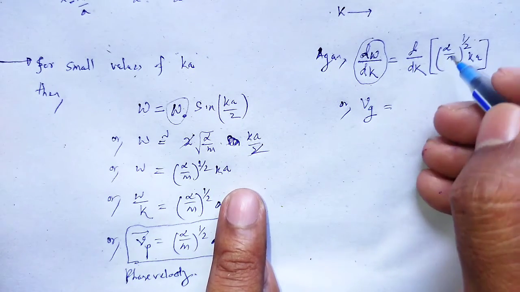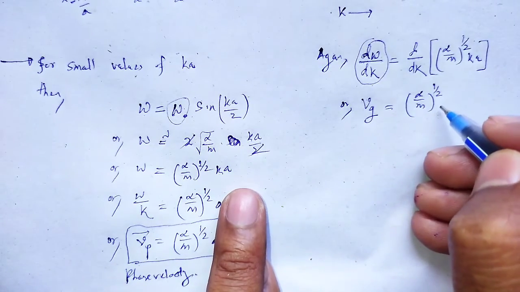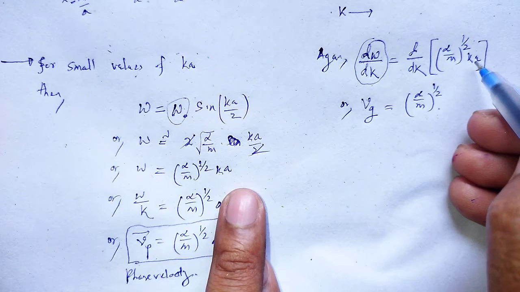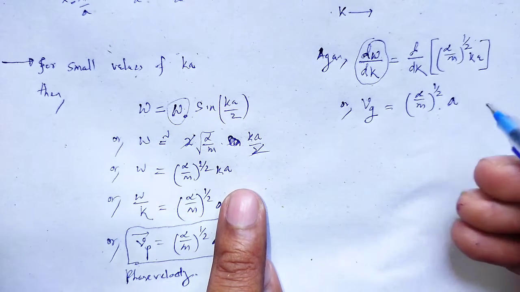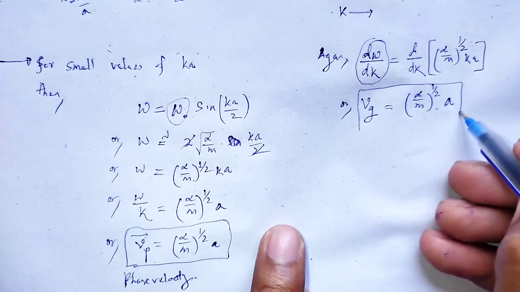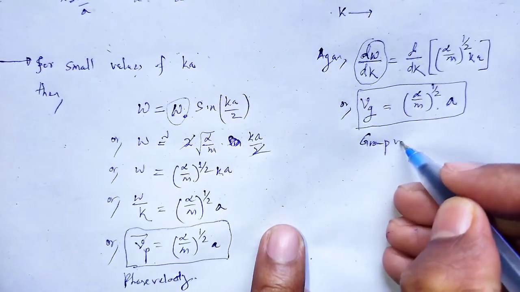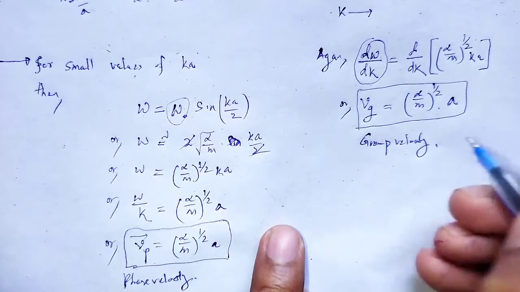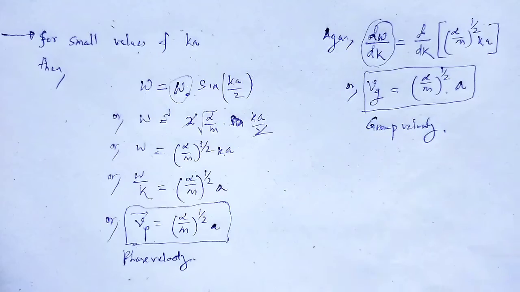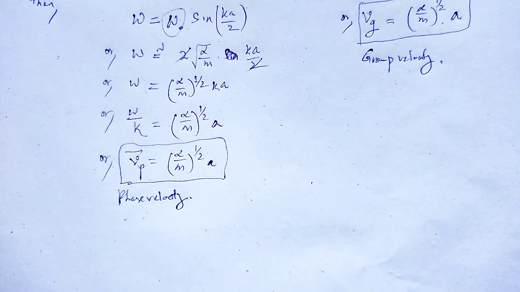Its differentiation: that one is a constant term, (alpha by m) to the power half, differentiation of Ka. That is the group velocity. From these expressions, phase velocity is equal to group velocity.